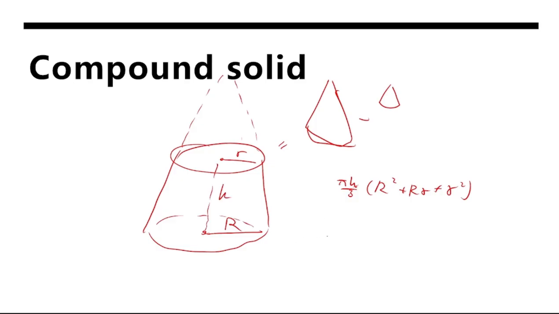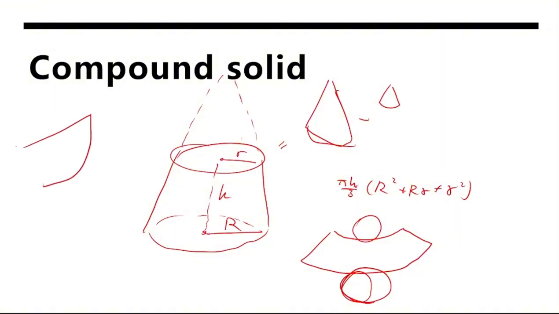And for the surface area, even though we have a formula, it would be easier for you to just see it as calculating a sector, then subtracting the small sector, giving you the one we want, and just two circles with small r and big R. And that's it for today.